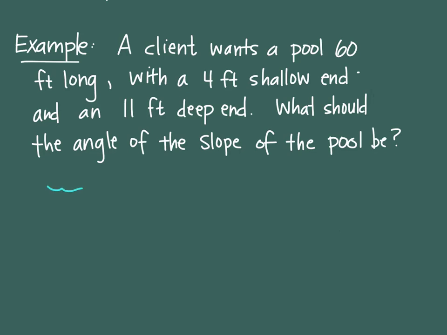We've got the water on the top of the pool. We know that that's going to be 60. We know that the shallow end of the pool is supposed to be 4, and the deeper end of the pool is supposed to be 11.